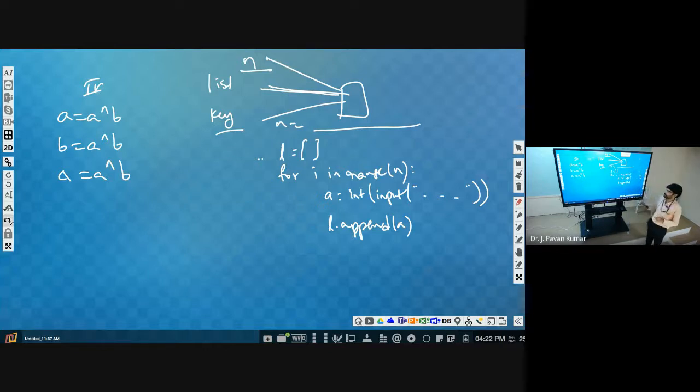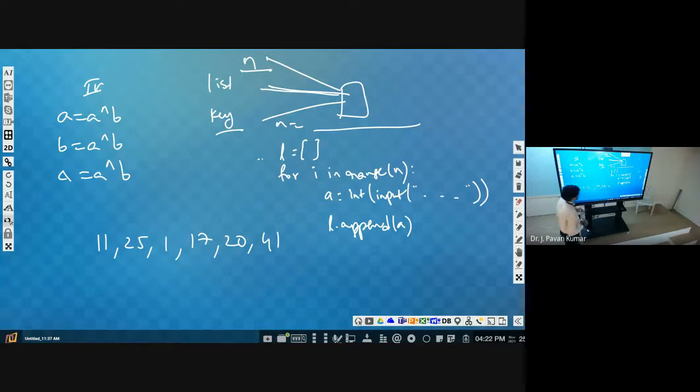Let us assume we wanted to give the input like this: 11, 25, 1, 17, 20, 41. List of numbers I wanted to give like this. So how can we take this as the input and convert that into a list? Whenever it asks you to enter the list, you will be entering this one.